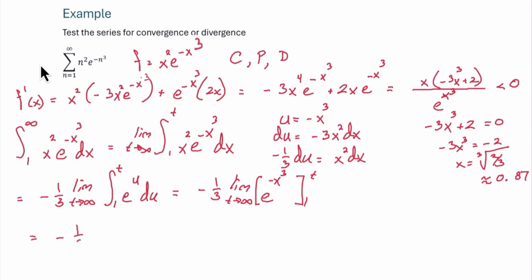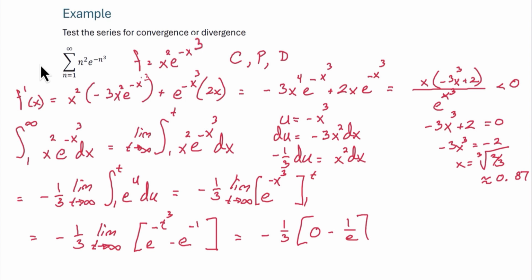Negative 1/3, limit, t is going to infinity still. We have e to the negative t cubed minus e to the negative 1. Now if we evaluate that limit, we get negative 1/3 times 0 minus 1 divided by e.